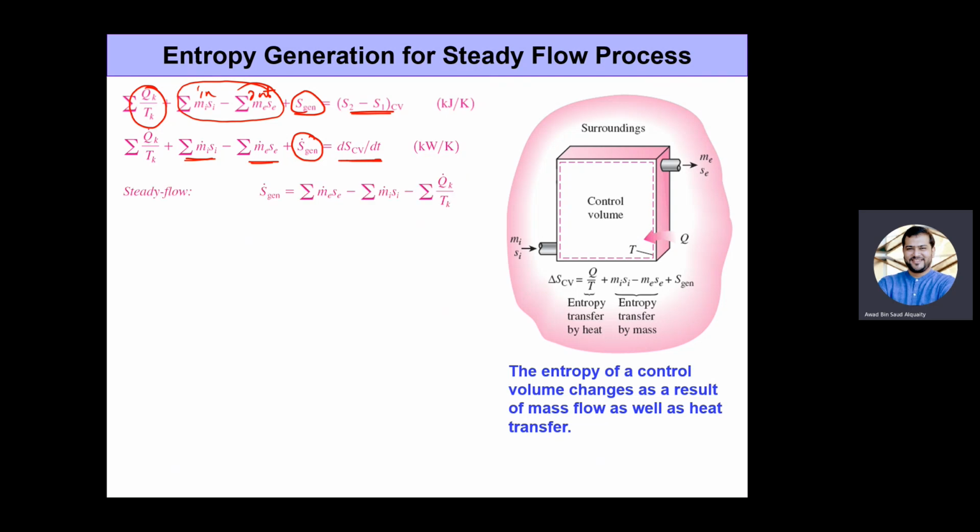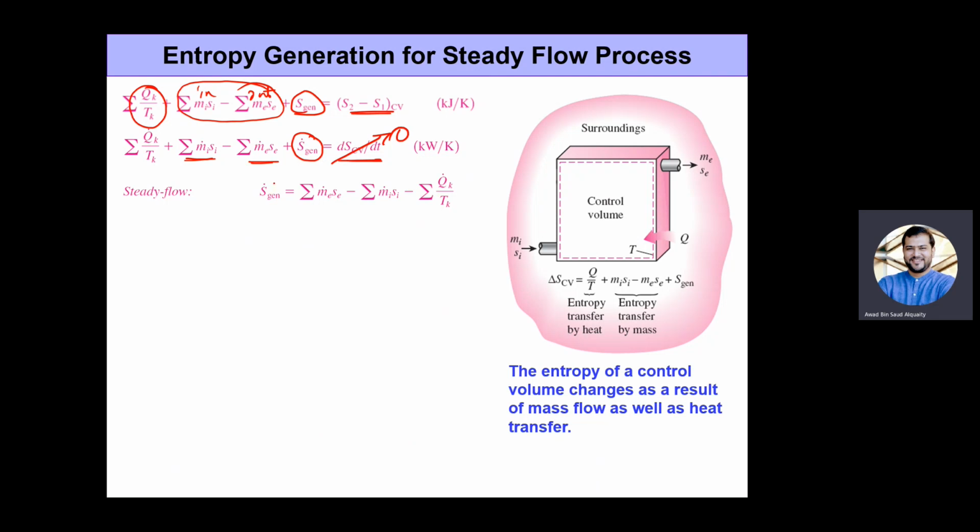Now, for steady state, steady flow systems, as we have discussed before, the rate of change of entropy within the control volume is zero. There is absolutely no change of entropy within the control volume itself, right? Which basically means that the rate of entropy coming in through heat and mass transfers should be balanced with the entropy generation.